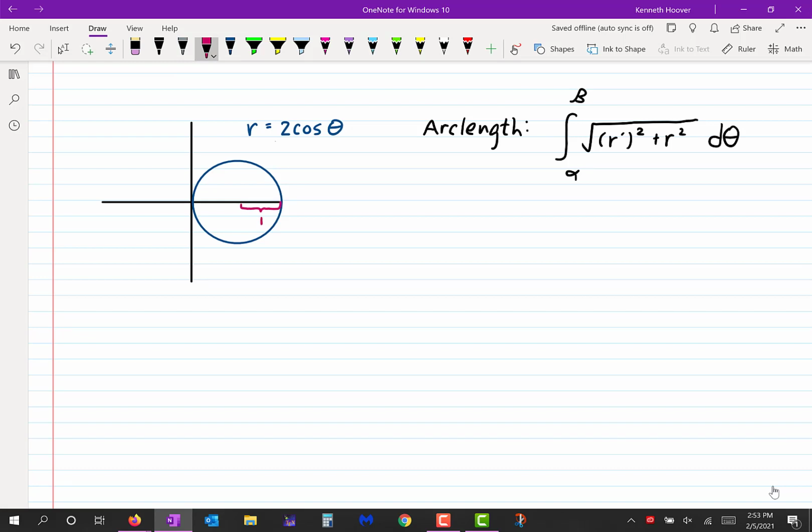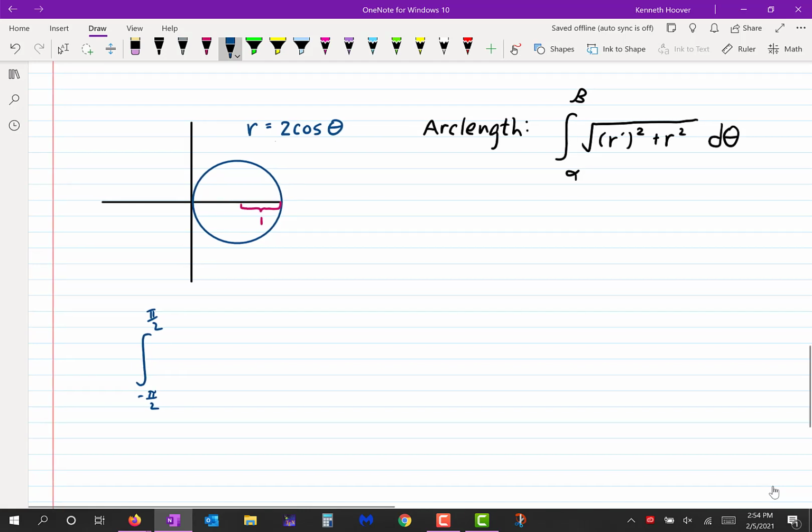Okay, so let's find the circumference. Well, I hope you know from high school geometry what the circumference should be, but let's calculate it ourselves here. So we're going to integrate. What are our two angles? Notice that circle is only in quadrants 4 and 1, so we're going to integrate from negative pi over 2 to positive pi over 2.